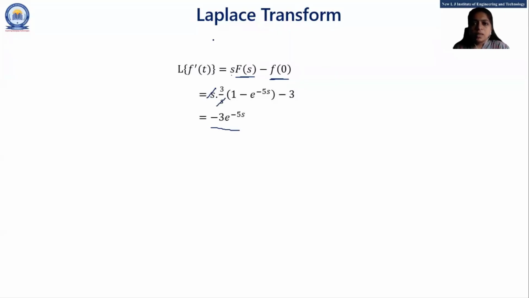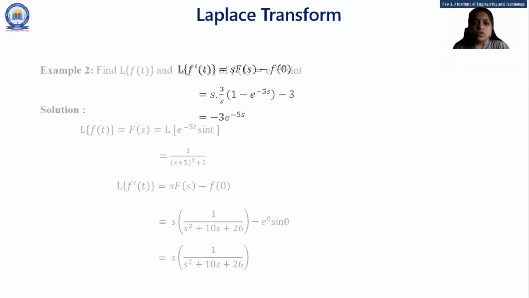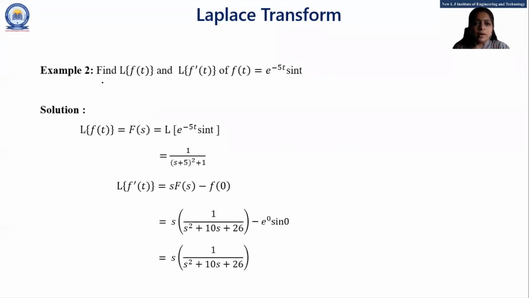Okay, thank you. So we'll move to the next example. Find the Laplace of f of t and Laplace of f dash t when f of t is equal to e raised to minus 5t sin t. What to do? First, we want to find the Laplace of e raised to minus 5t sin t. So we find Laplace of sin t, and that is 1 upon s square plus 1.